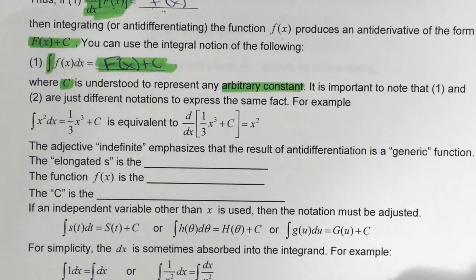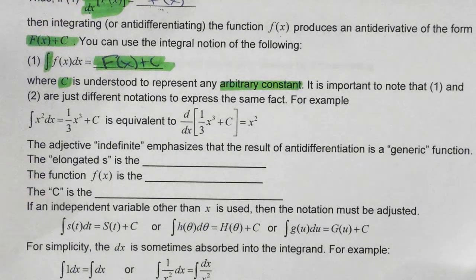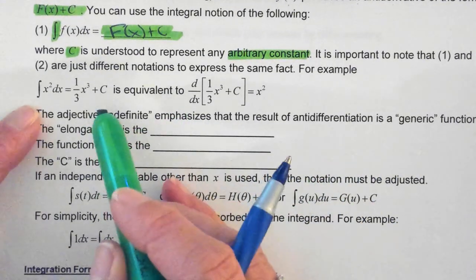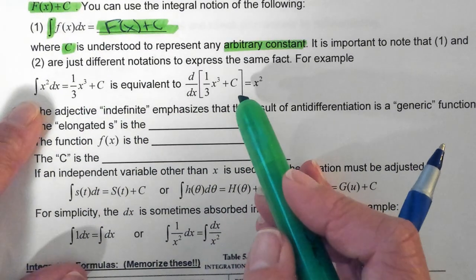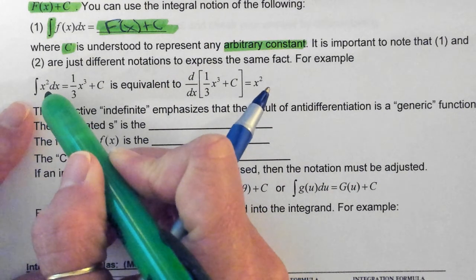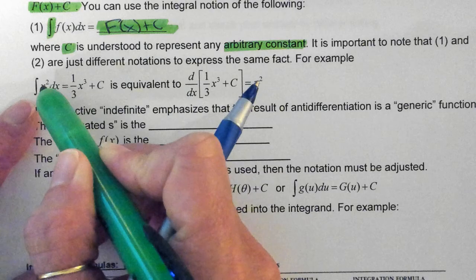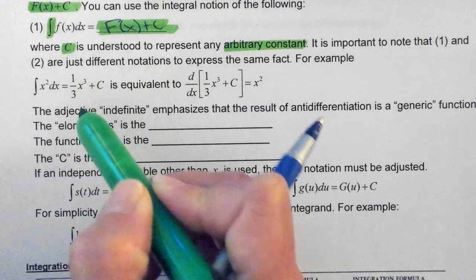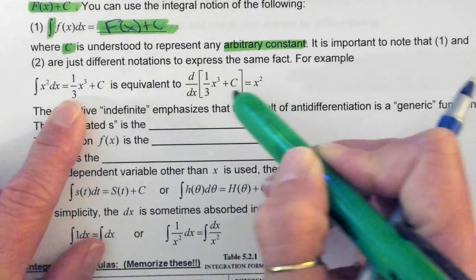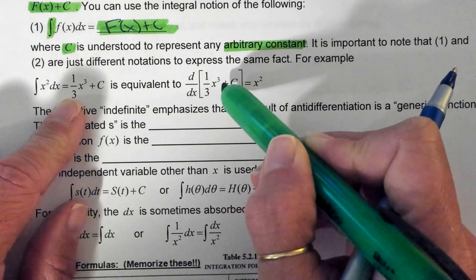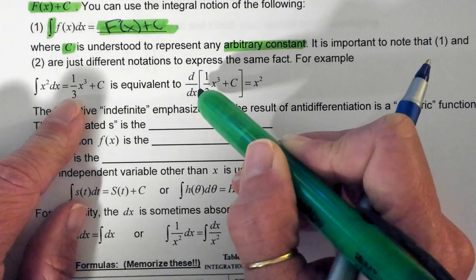Okay, so it's just important to note that 1 and 2 are just different notations. Okay? So then here, this is how you could express these in different ways. So if you're asked to integrate x squared dx, meaning go backwards, find the original function, it's the same thing as saying take the derivative of the original. So here, if I take the derivative of this would be what, 3x squared?